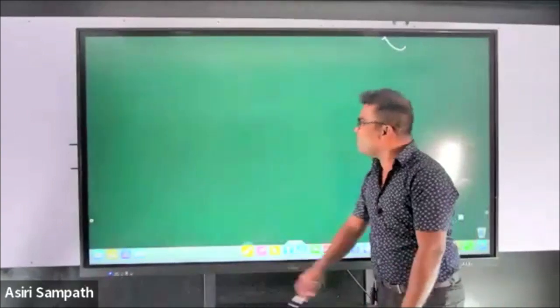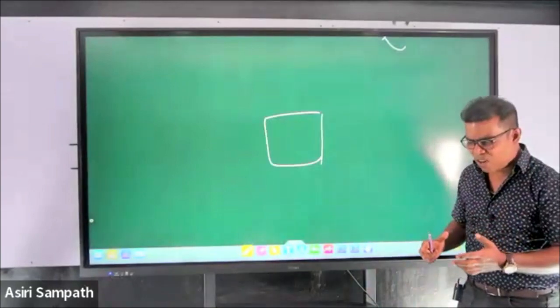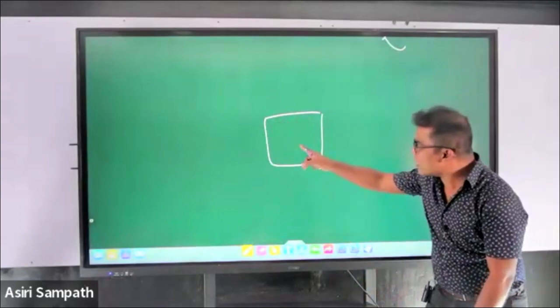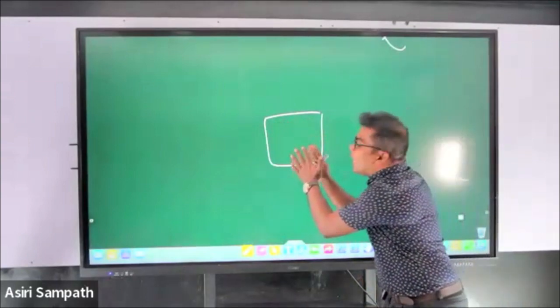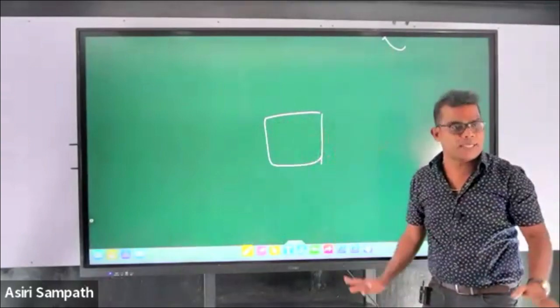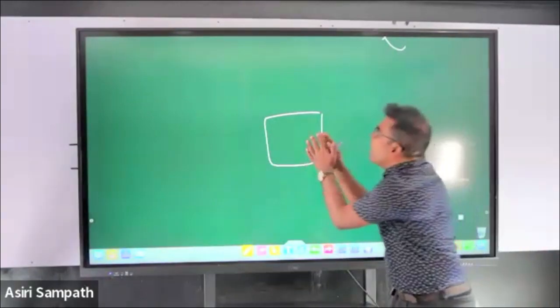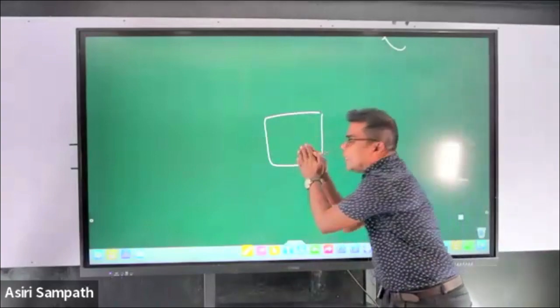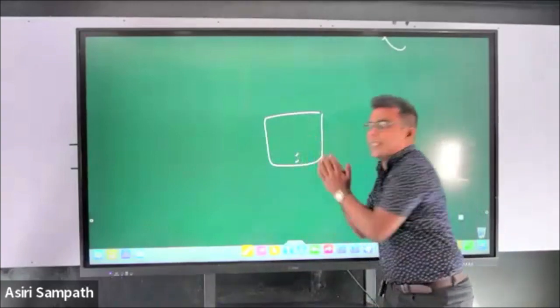What is the entity concept? According to the entity concept, you have to believe that the business is a separate entity from all parties. An independent entity.